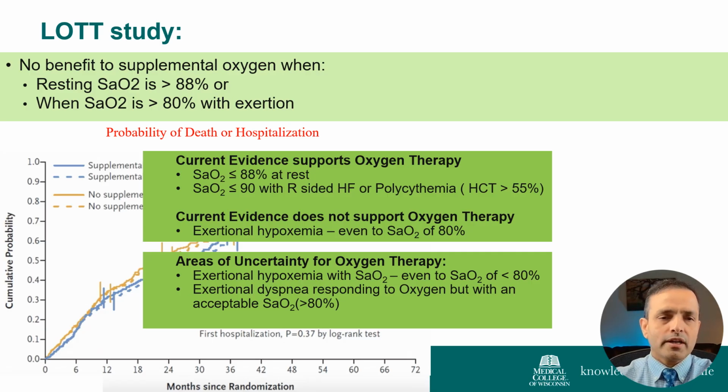Areas of uncertainty for oxygen therapy include what to do if you have exertional hypoxemia less than 80. We don't know, we need further study. We also don't know about exertional shortness of breath responding to oxygen but with an acceptable saturation more than 80. So we don't know what to do. This is the scope for future study.